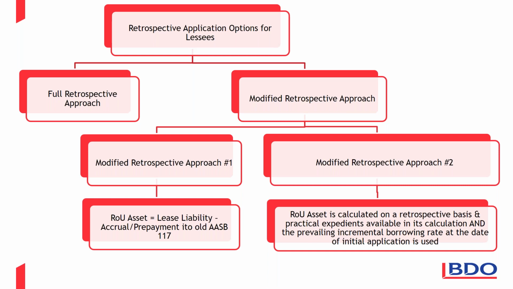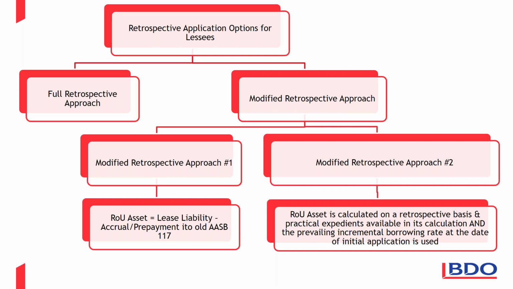It's really important from a business perspective that entities consider which of these transitional approaches is best for them. Now, different entities have different needs, different pressure points. All three of these are available.